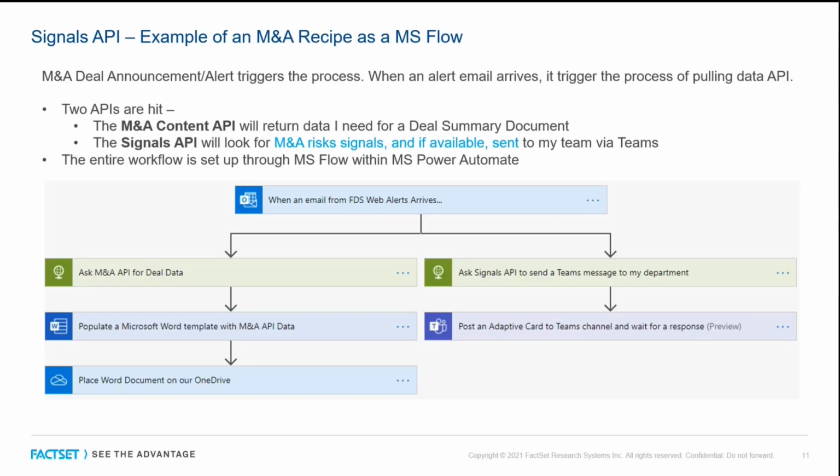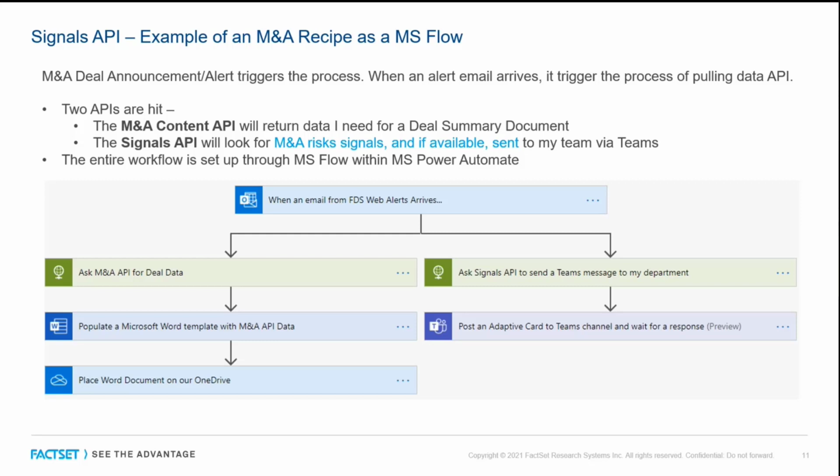So continuing on, here's an example of the power of using this as an adaptive card. Because we have all of our UI in this adaptive card format, we're able to set up Microsoft flows for our clients. So for example, we can build this out so that when a user gets a certain type of email from anywhere really, but in this example it's a FactSet alert, we can check if there are any signals for the companies that came through in that alert.